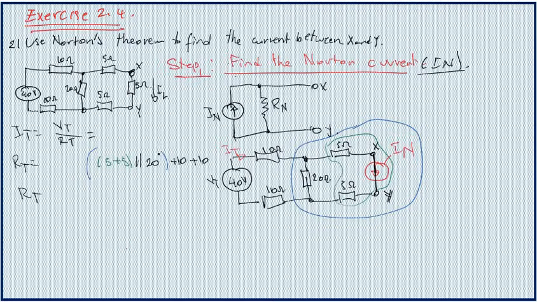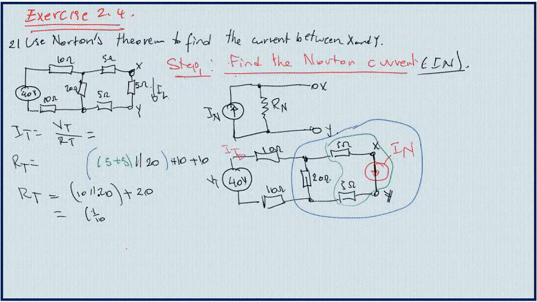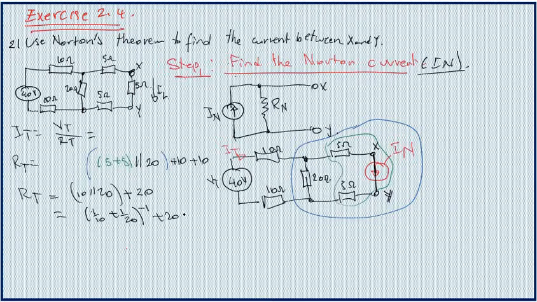Now we just need to compute this. If I always start from the inside, the value of these two is 10, so that 10 is in parallel with 20, and then I say plus, I can just add these two, I get 20. If I continue, I can replace this bracket with 1 over 10 plus 1 over 20, and then the inverse, and then I say plus 20.